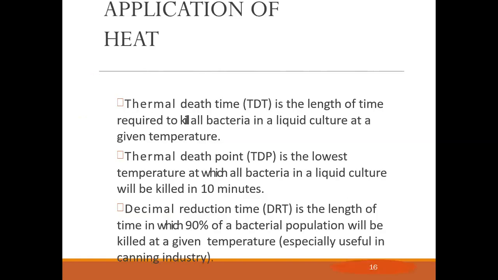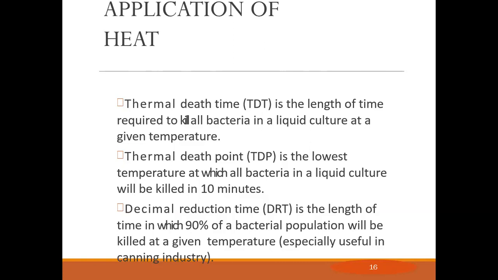Now we'll discuss the application of heat. Thermal death time is the length of time required to kill all bacteria in a liquid culture at a given temperature. Thermal death point is the lowest temperature at which all bacteria in a liquid culture will be killed in 10 minutes.